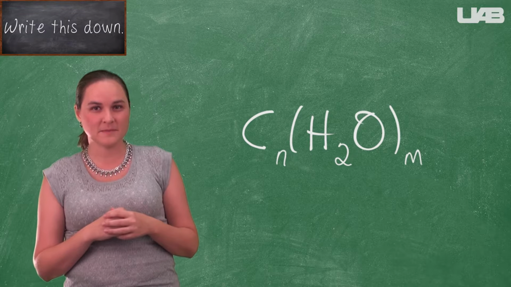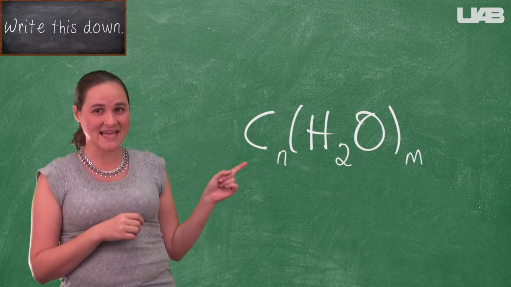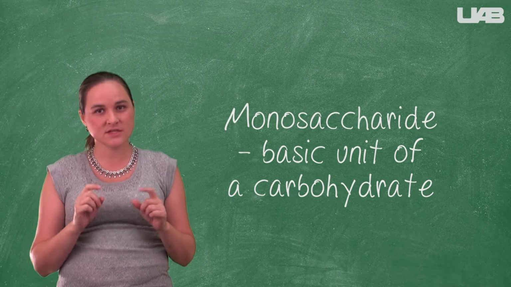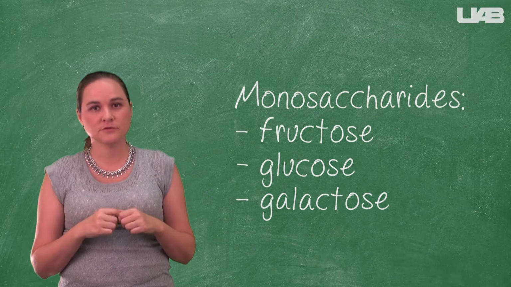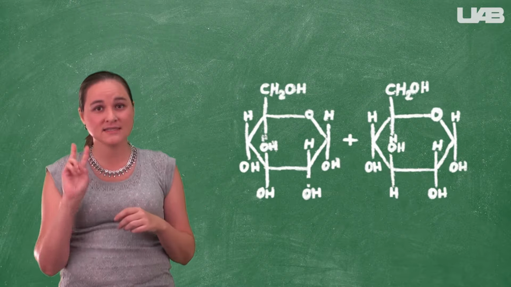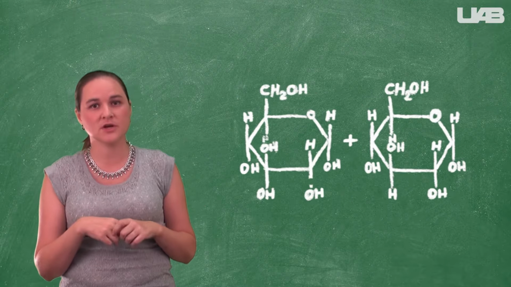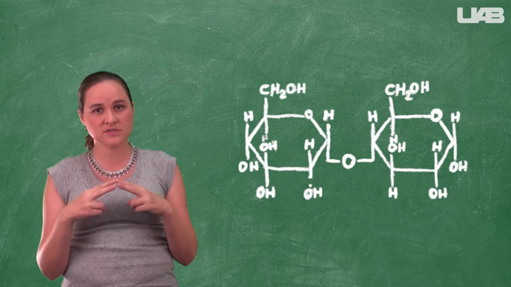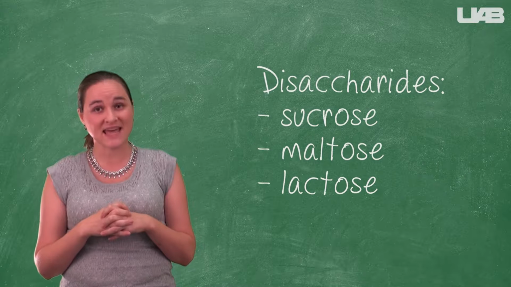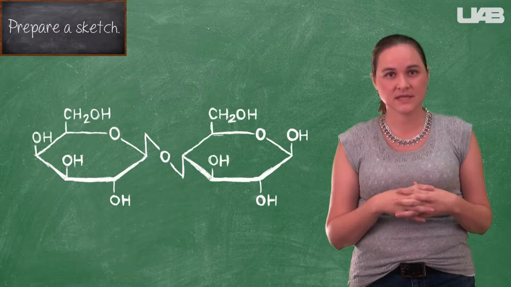Sugars are a type of carbohydrate that have the formula CnH2nOn. A monosaccharide is the basic unit of a carbohydrate. Fructose, glucose, and galactose are all monosaccharides. Disaccharides are a type of sugar made by joining 2 of these monosaccharide units together. Sucrose, maltose, and lactose are all disaccharides.